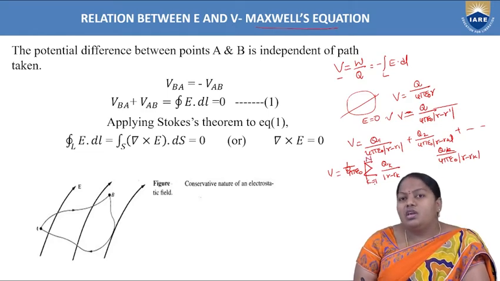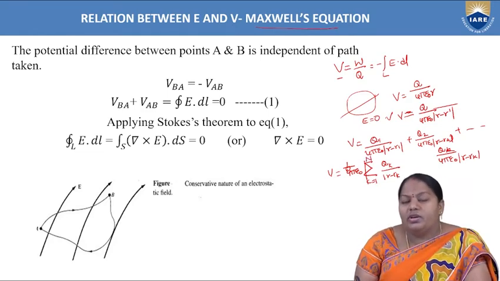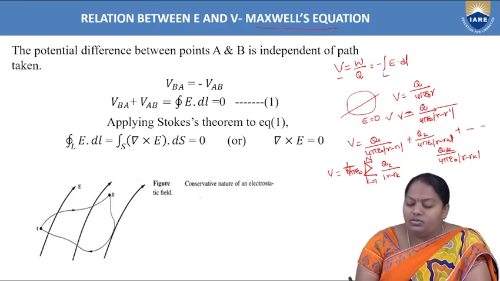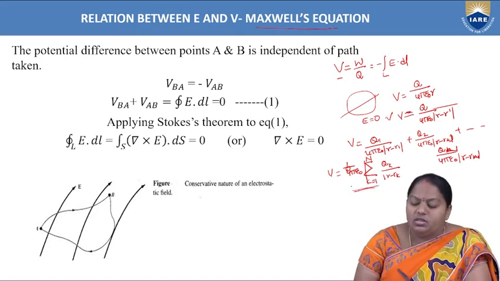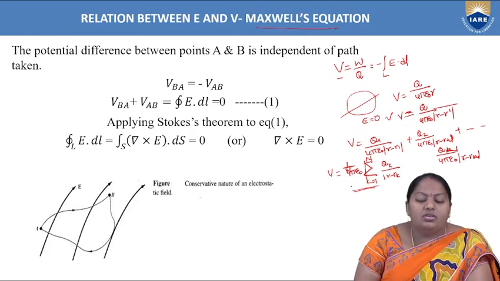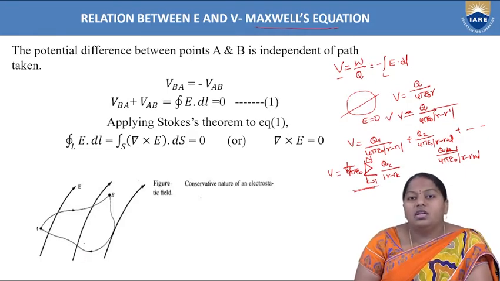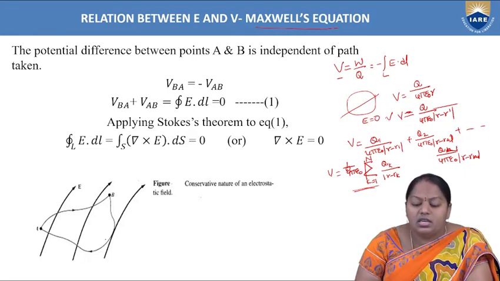Suppose we substitute k by 1, then Q1 by R minus R1, like that. If we continue for n charges, the electric potential V can be given by this final equation. From this, we are going to derive the relation between electric field intensity E and the electric potential V.